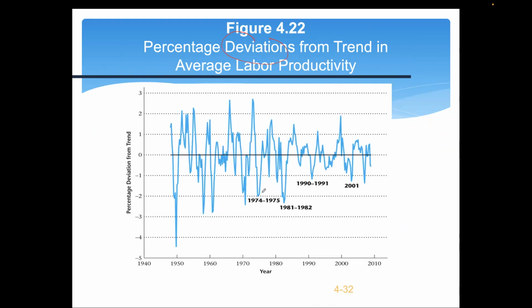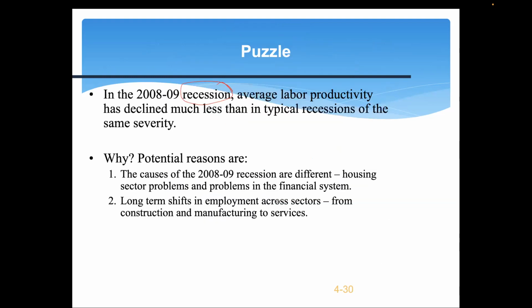If you look at the 74, 75 recession, the 81 recession, the 2001 recession, you can see this one is roughly smaller compared to these. So this is something economists are trying to understand.